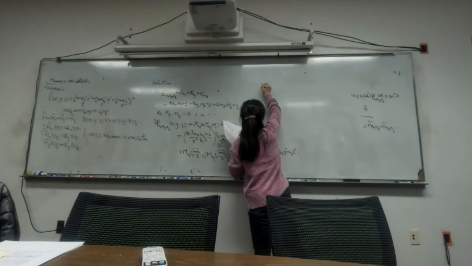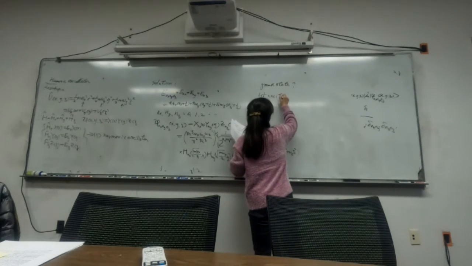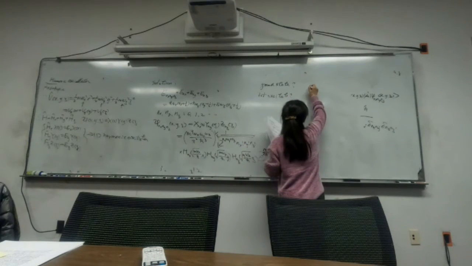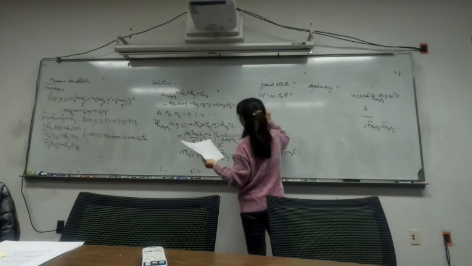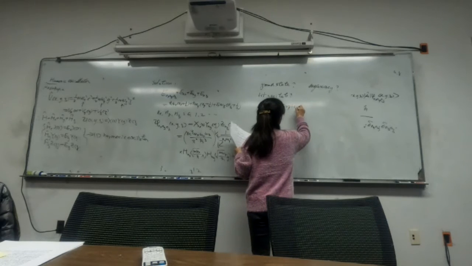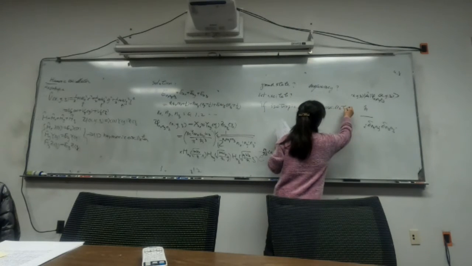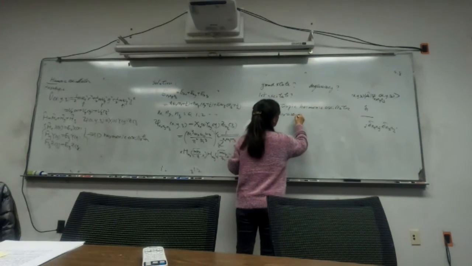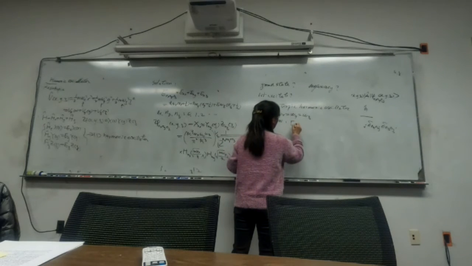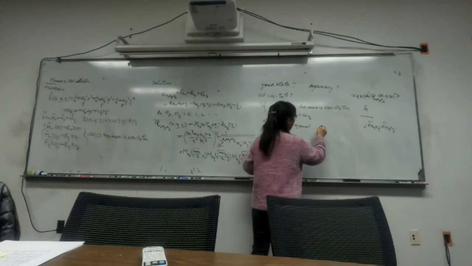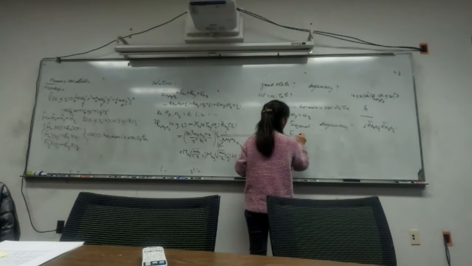For example, the ground state, first excited state, and degeneracy. If it is an isotropic harmonic oscillator, meaning omega x equals omega y equals omega z, then discuss the ground state degeneracy, for example, the first excited state.